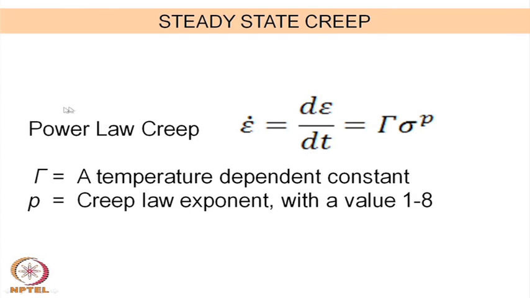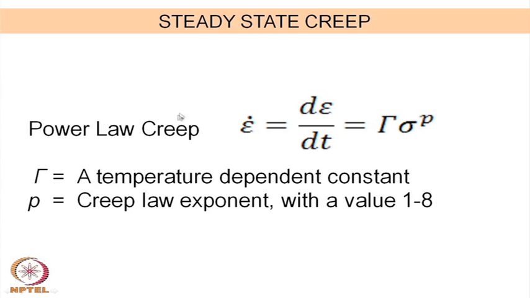Well, this is what we call the power law creep. The expression is epsilon dot, which is d epsilon by dt, equal to gamma into sigma to the power p. So, p is the creep law exponent with a value varying between about 1 to 8, and gamma is a temperature dependent constant.